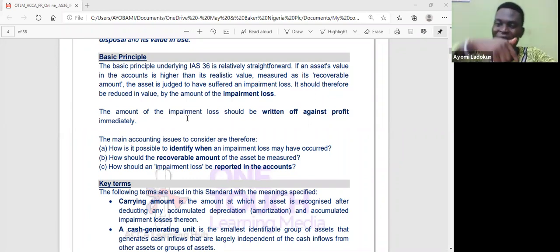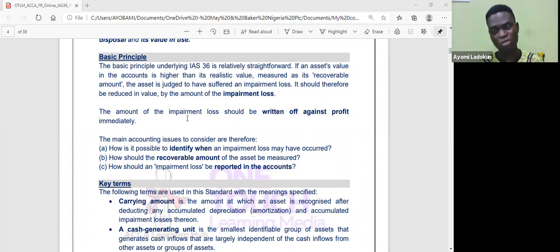That's why impairment is called economic reduction in the value of an asset. That means the asset has suffered economic reduction, and IAS 36 says you have to write it down to its recoverable amount. That means reducing it from 500,000 to 350,000. The difference, 150, is what we call impairment losses.